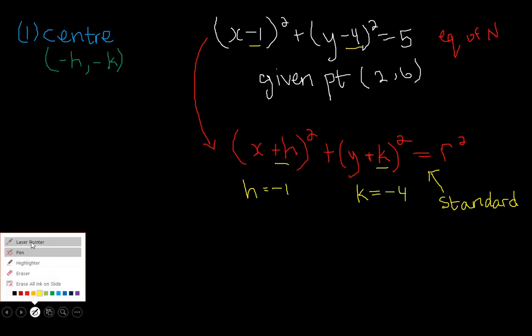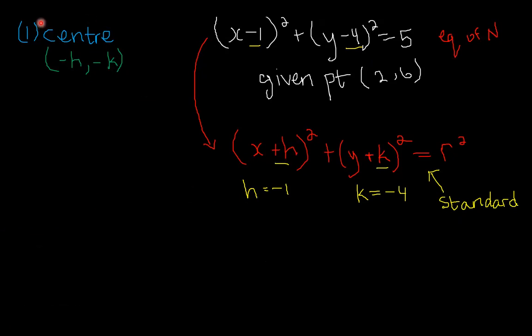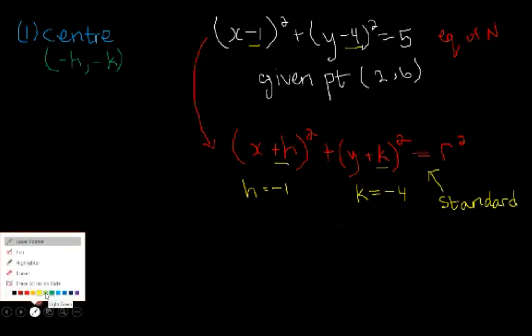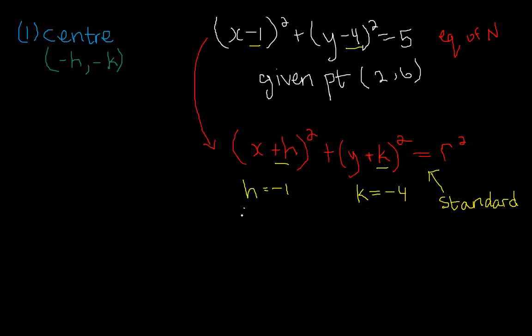But recall from previous sessions, we said that the center has the coordinates minus h and minus k. Right now, we know the value of h and we know the value of k. So what we need to do is find what minus h and what minus k is. If h is minus 1, that means that minus h would be equal to 1.